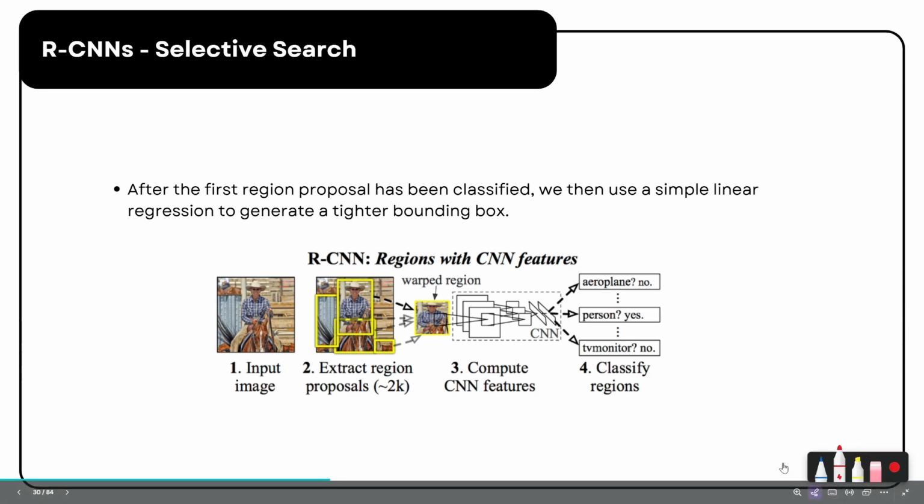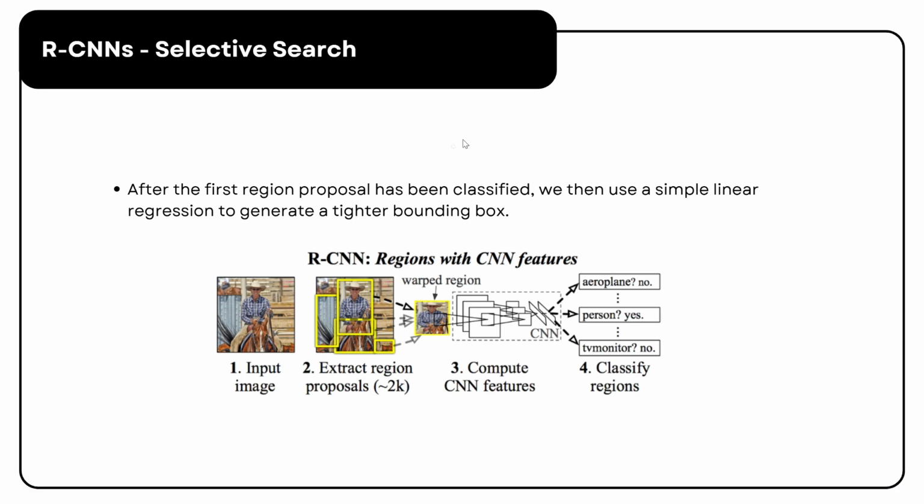Let me write it here: bounding box regression. This is a simple linear regression model that takes the CNN features and predicts adjustments to the bounding box.